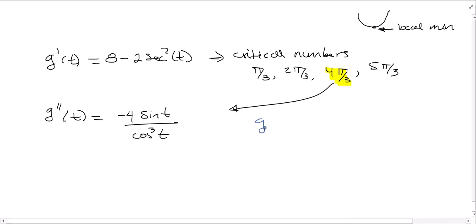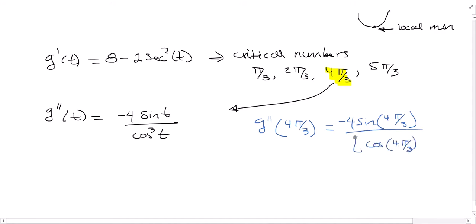So if I say g double prime of 4 pi over 3, I'm looking for the value, is it going to be positive or negative? This is going to be negative 4 sine of 4 pi over 3 over cosine of 4 pi over 3 to the third, cosine cube. 4 pi over 3 is an angle in the third quadrant, so sine is negative there.